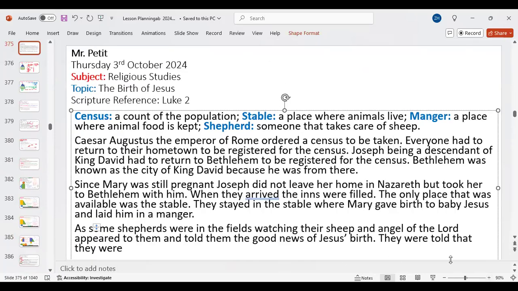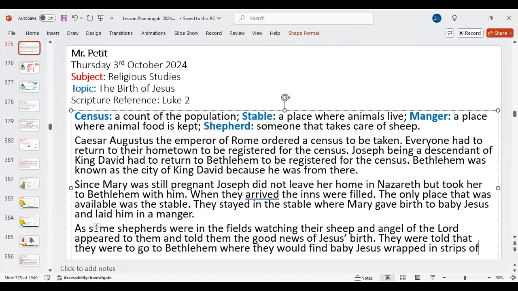Okay. They were told that they were to go to Bethlehem, where they would find baby Jesus wrapped in strips of cloth.